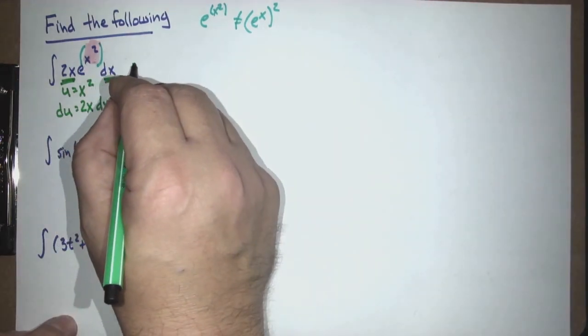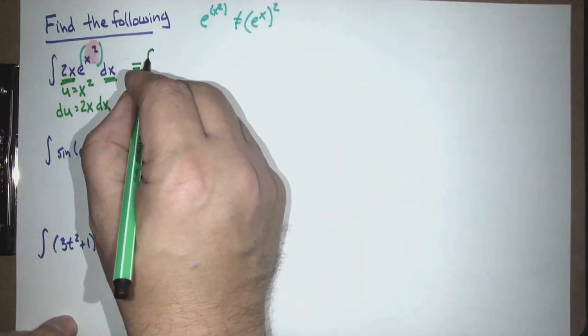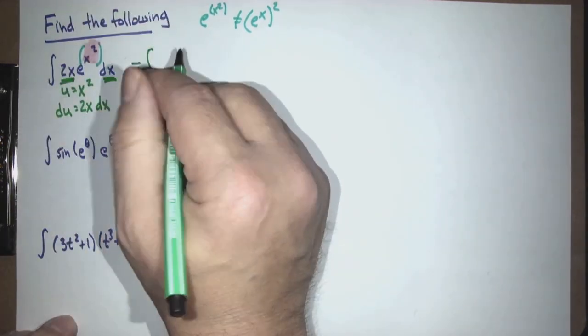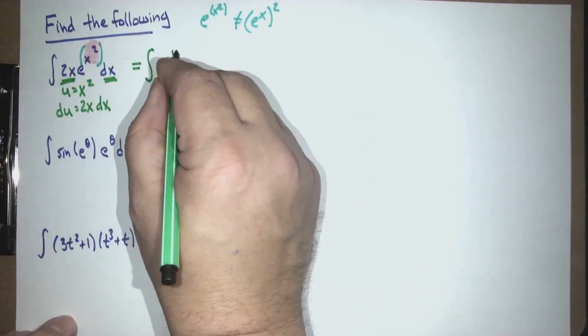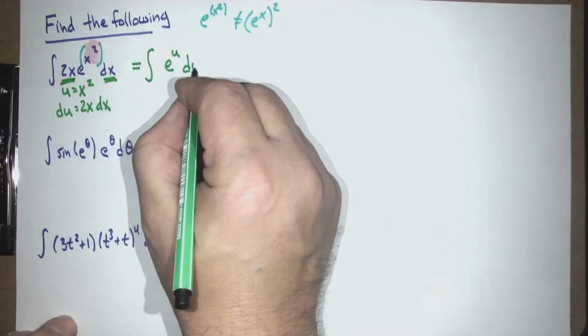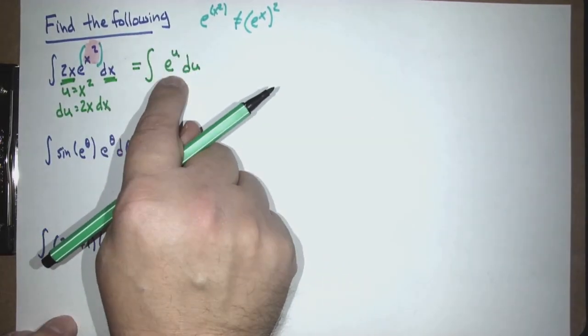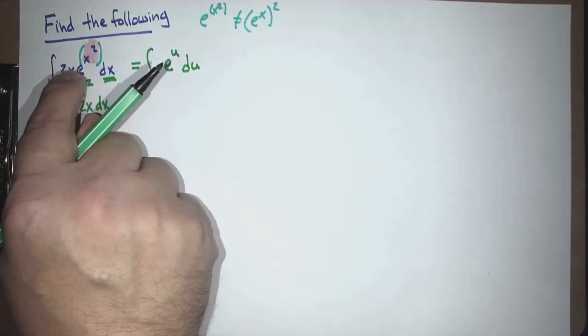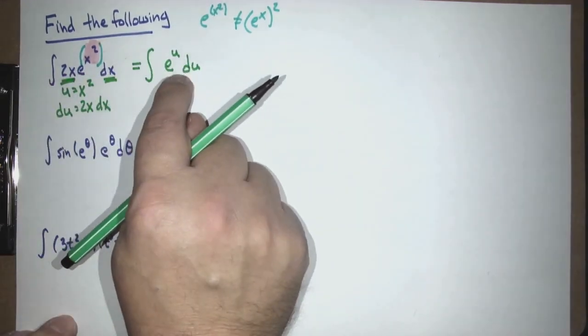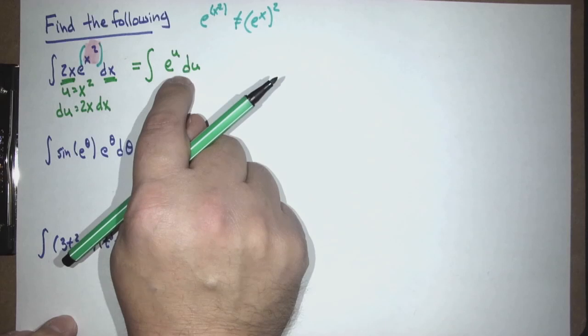So the punchline is that if we can integrate the following, where we replace x squared by u, and replace 2x dx by du, figuring out how to do this integral is the same as figuring out how to do that integral. But this one is simpler, and we like simple.